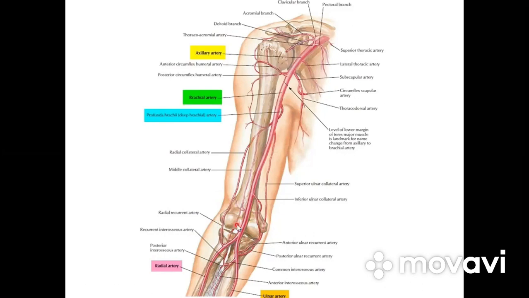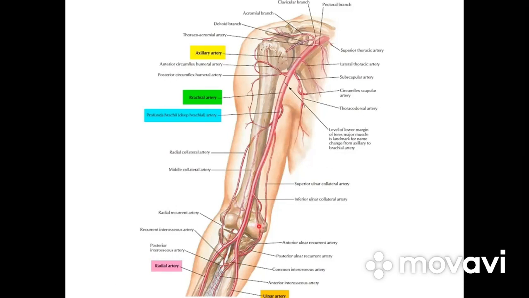In the posterior lateral ulnar groove, we have an anastomosis between the middle collateral artery, which begins from the deep brachial artery, and the recurrent interosseous artery, which begins from the posterior interosseous artery. This is a branch from the common interosseous artery from the ulnar artery.